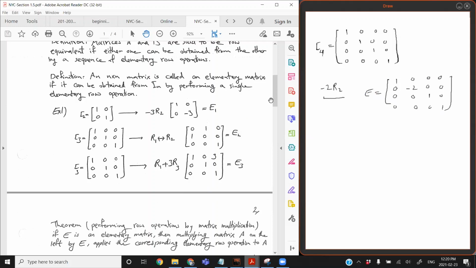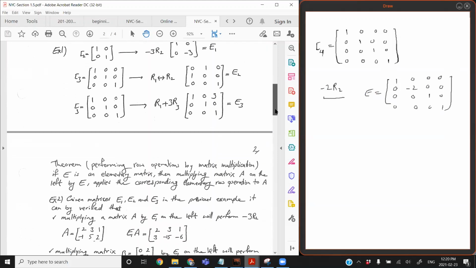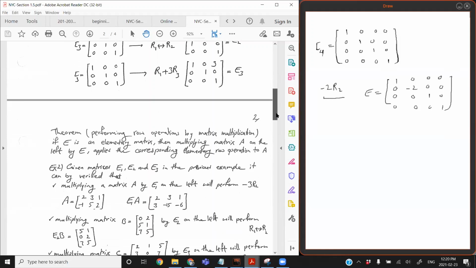Okay. Now, there is a very interesting relationship between matrix multiplication and performing row operations. So this is the theorem here. This theorem establishes a very interesting relationship between matrix multiplication and performing row operations.